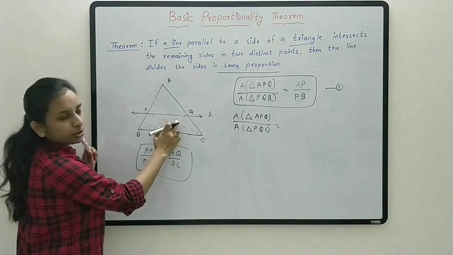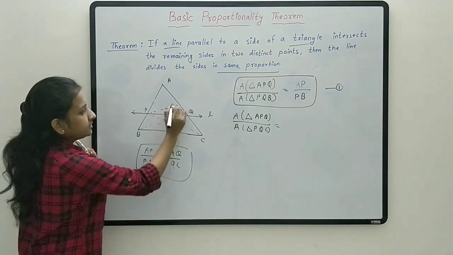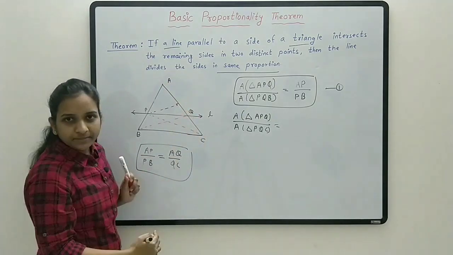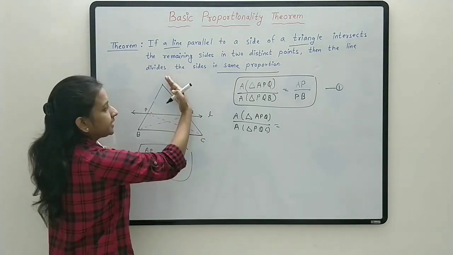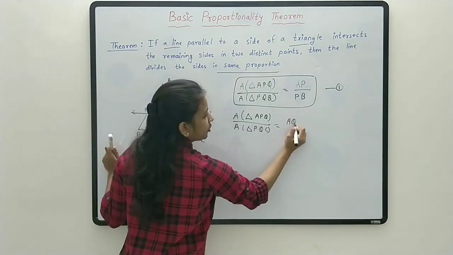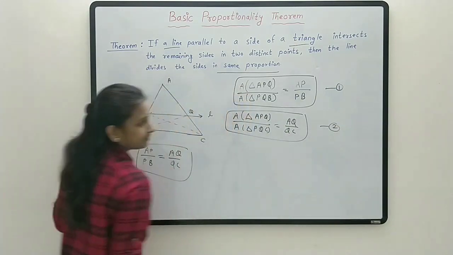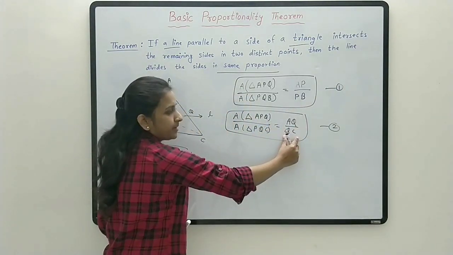Again these two triangles have equal height, so the ratio of their areas is equal to the ratio of their corresponding bases. The corresponding bases are AQ by QC. This is our second equation. We have got AP by PB here and AQ by QC here.